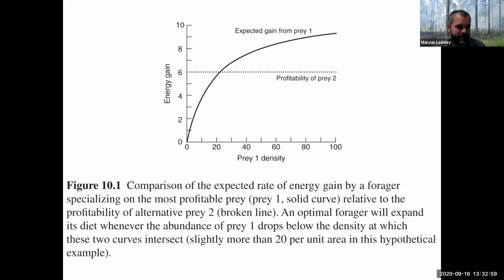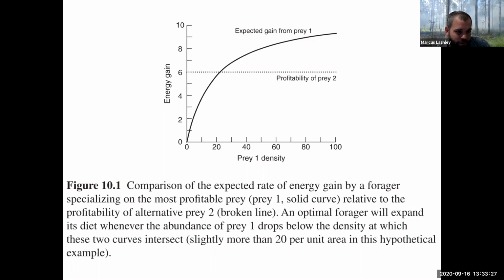And what I'm talking about is a solid line is just showing you a hypothetical, the expected gain from prey one. So it's pretty high when we have high densities, relative to the profitability of prey two, which is that broken line. But basically what this is telling you is that the optimal forager should choose its diet based on the abundance of prey one, right?